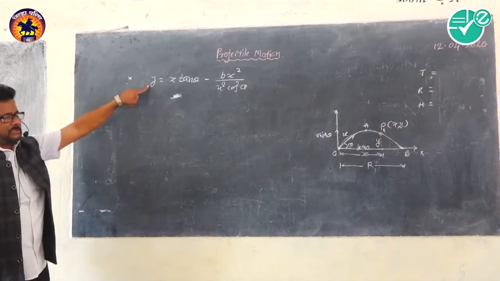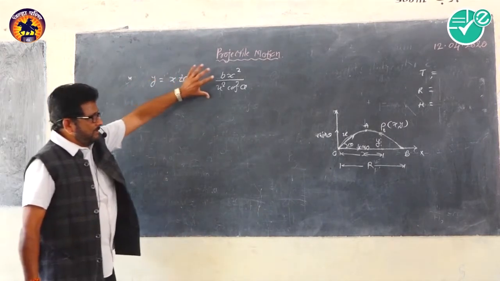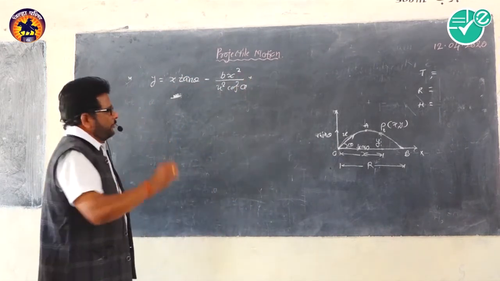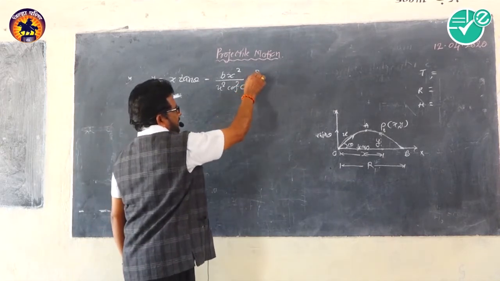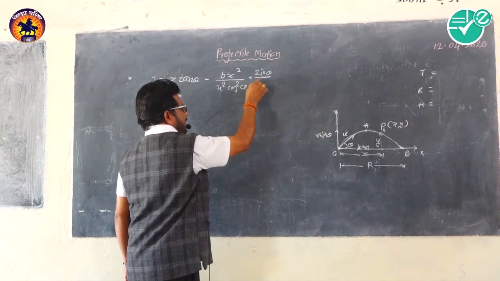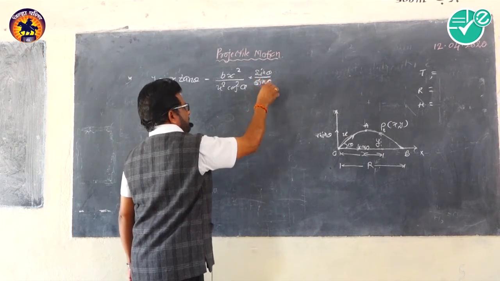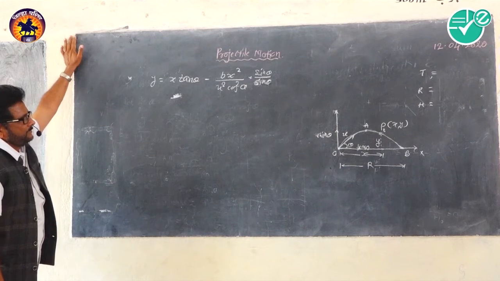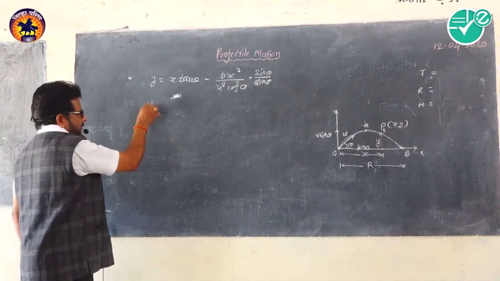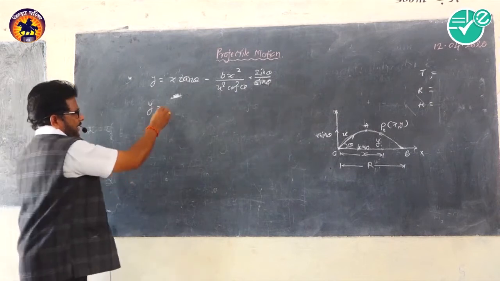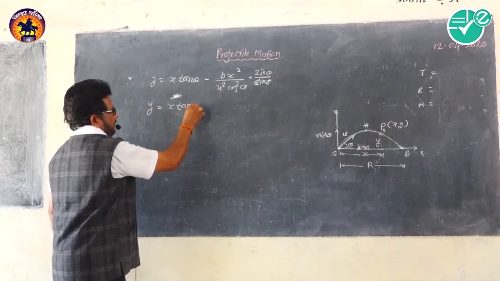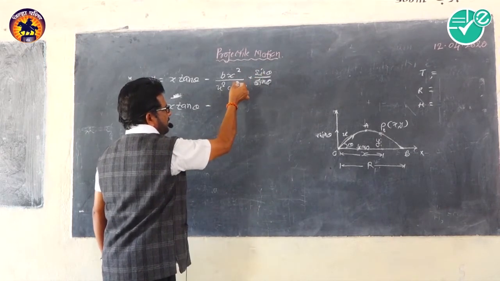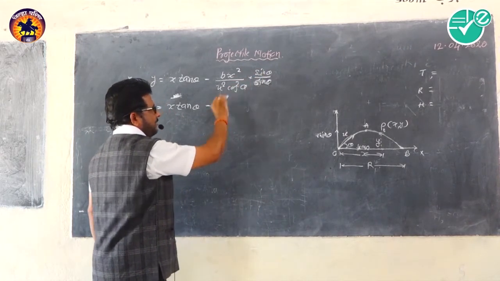This is our equation of the parabola. Now we can write this equation as, for this term we can multiply by sin theta and divide by sin theta, so there is no change in the original equation. And therefore we can write y equal to x tan theta minus, this sin theta and this cos theta becomes tan theta.